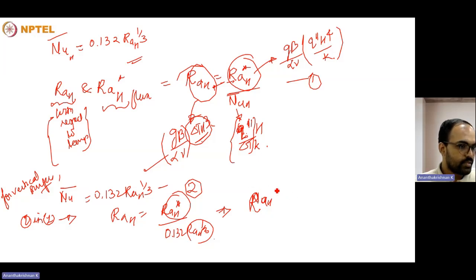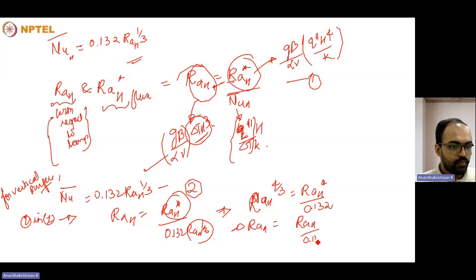So it will be Ra H raised to 4 by 3 equal to Ra star divided by 0.132. So this will be Ra H is equal to Ra star divided by 0.132, raised to 3 by 4. So this is Ra star raised to 3 by 4 divided by 0.132.